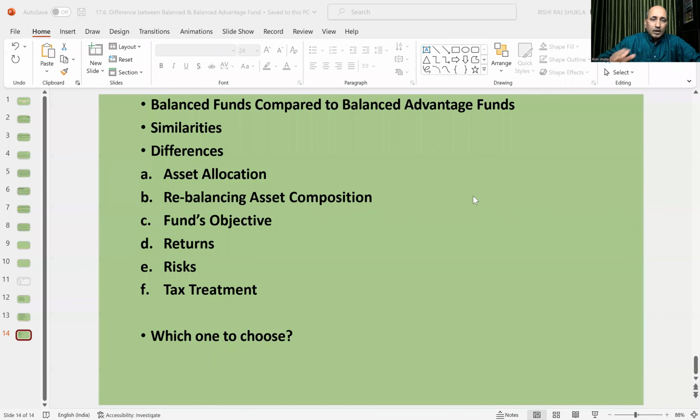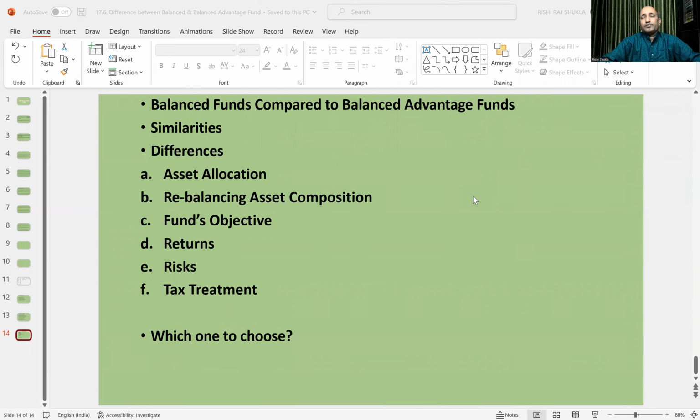Second is rebalancing. In both cases, they can rebalance. But in the case of balanced fund, they can tweak from 60 to 40 only, or 40 to 60. That means only 20% can be tweaked. If 60% is equity, they can tweak to 40% equity, and then from 40 to 60, it will go to debt.